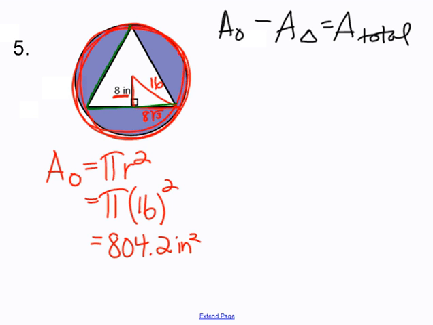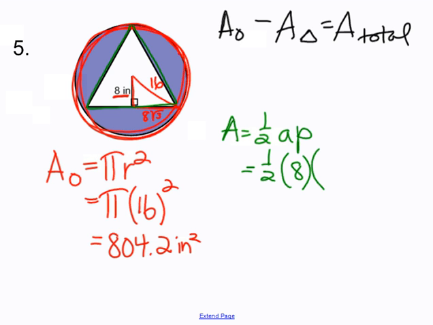Now I want the area of this big triangle here. Well, to figure that out, I need area equals 1/2 a p, because I already have the apothem. 1/2, and the apothem is 8. What's the perimeter? Well, the perimeter is 8 radical 3, and 8 radical 3, this whole thing is going to be 16 radical 3 times the number of sides.